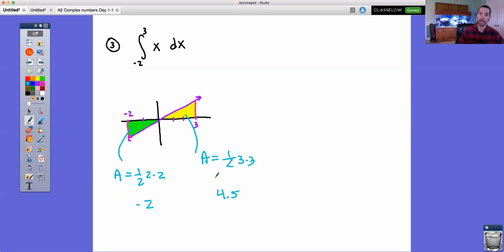Positive because it's above the x-axis. The integral is the net change, the difference of these two numbers. -2 plus 4.5 is 2.5. However, the total area would be the absolute value of both of those added up, 6.5.